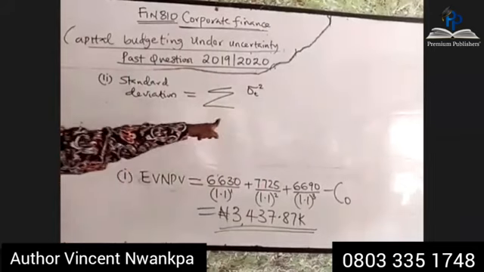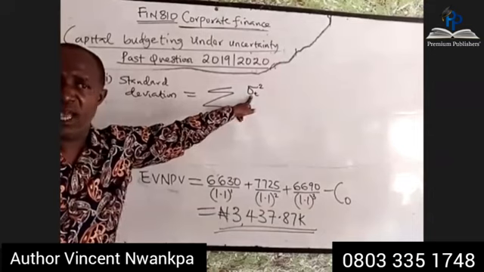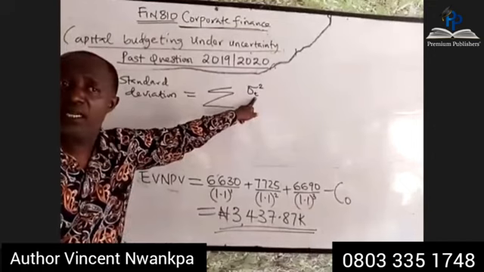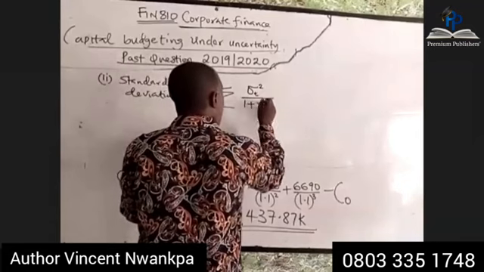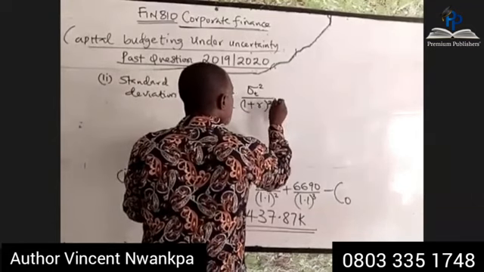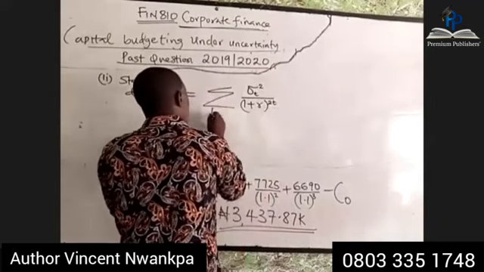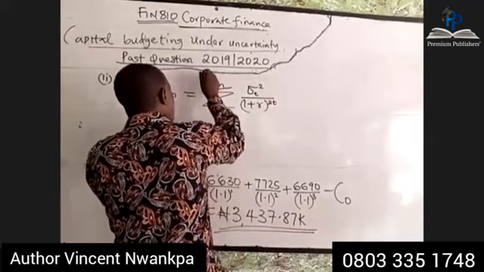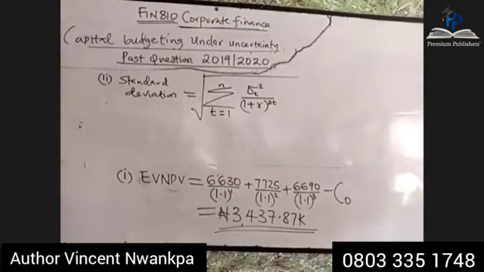You know that's our variance. This symbol is variance. Variance at time 1, at time 2, at time 3, all over 1 plus r all raised to the power 2t. Look at the board, 2t. Our t starting from 1 down to n, that we know. And this we have a square root. Remember, square root of variance. You don't forget the formula.